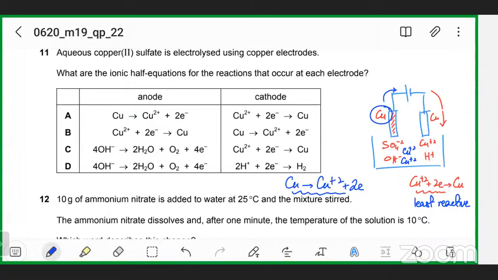So that's why the correct equation is going to be A. Is this clear? This part? Yes.